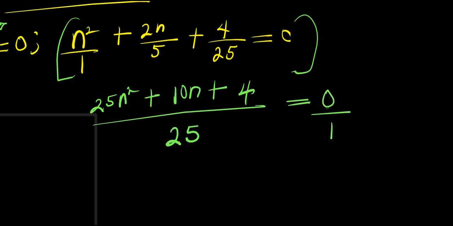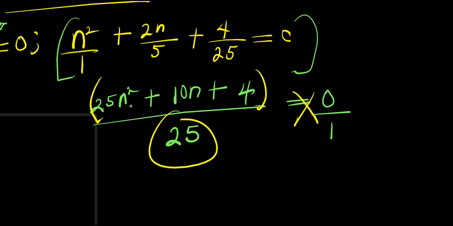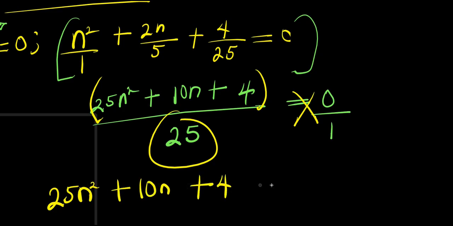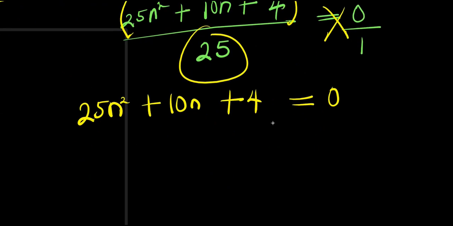Now this is over 1. We cross multiply: 25 multiplies 0, 0. We have 25n squared plus 10n plus 4 equals 0.